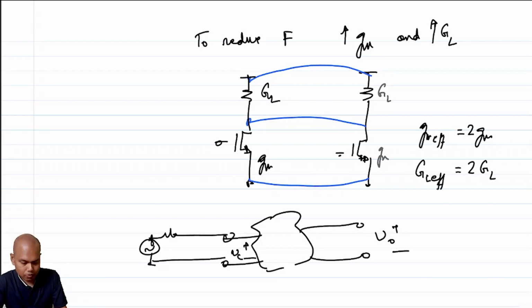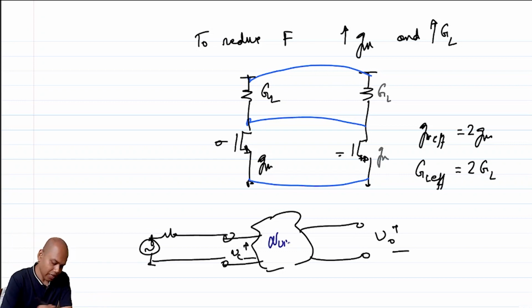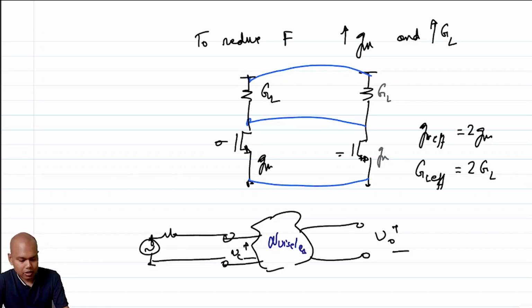In this particular case, take the example that we have just treated. If we had taken the output port, would the noise factor be any different? Clearly not, because when we are doing all these calculations, we are assuming this is noiseless, right? If your network is noiseless, then the signal to noise ratio as you proceed down the network doesn't change, right?